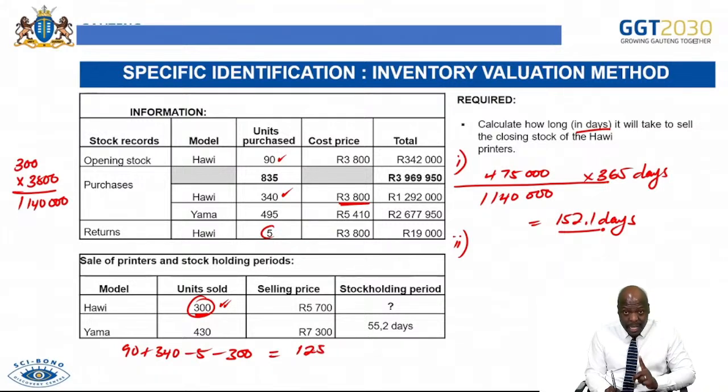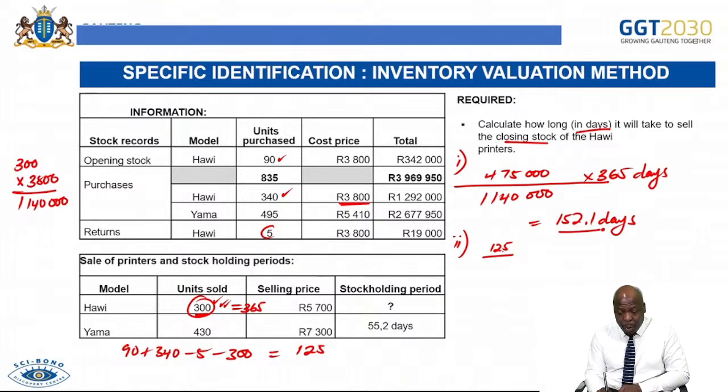Remember, we did that earlier on because here we want to know how long it will take to sell the closing stock. So what you want is to know how many days it will take to sell the 125. But we know that this year we have sold 300 units, and we sold those 300 units in 365 days.